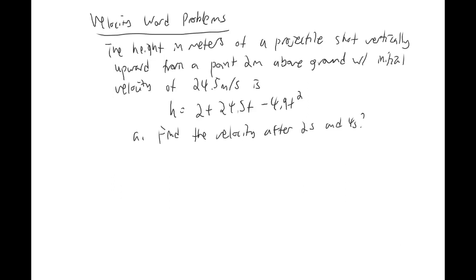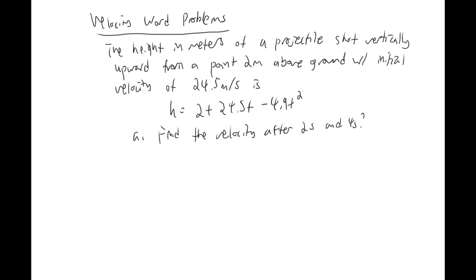If you think of velocity as rate, distance equals rate times time, so rate equals distance over time. But distance over time is sort of like rise over run, the change in y over change in x. So it's the derivative, right? It's slope.